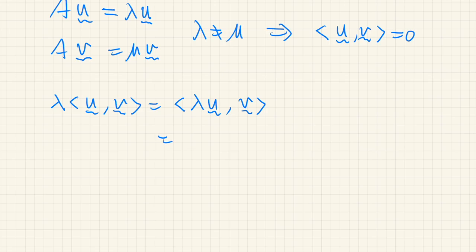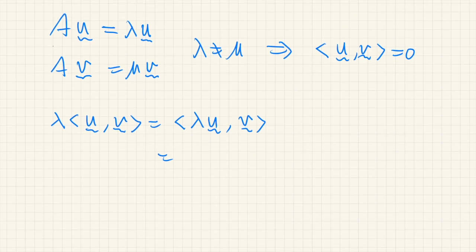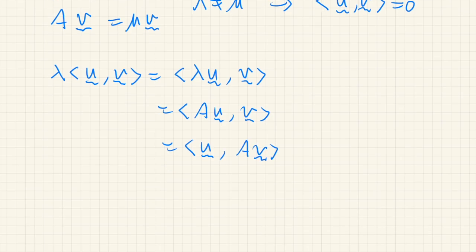But lambda is, of course, an eigenvalue of A, so we can replace it with A. But since A is symmetric, the place of A can be switched to the second place. But v is an eigenvector of A, so Av is equal to mu v. And we can take mu outside of the inner product.